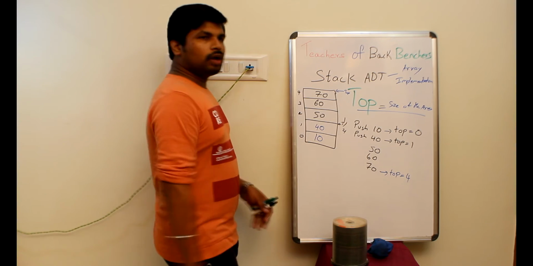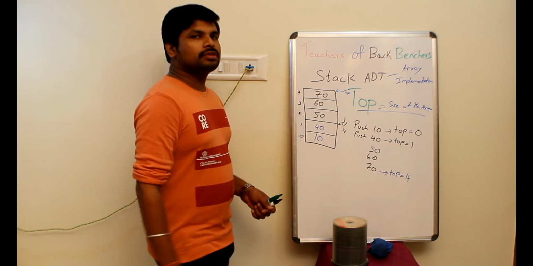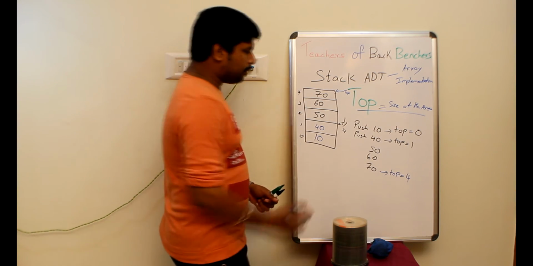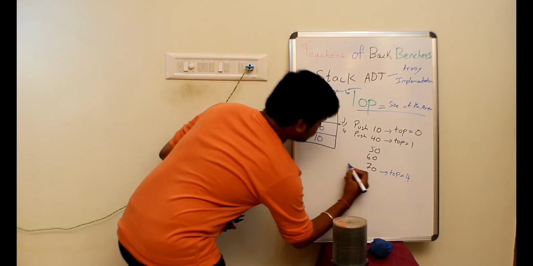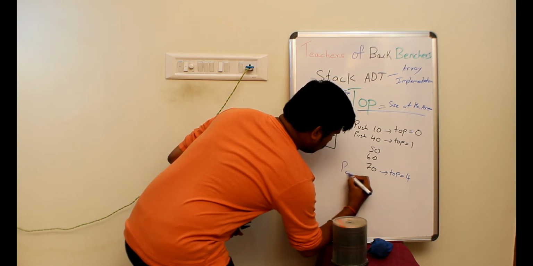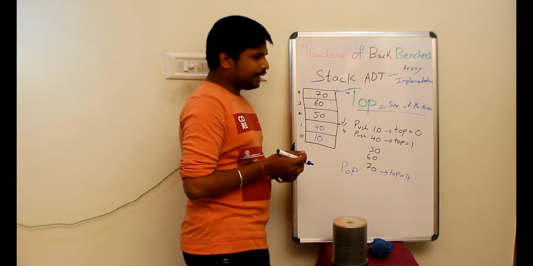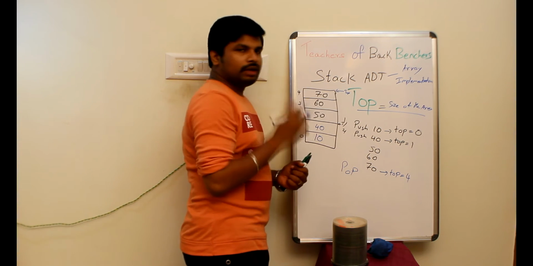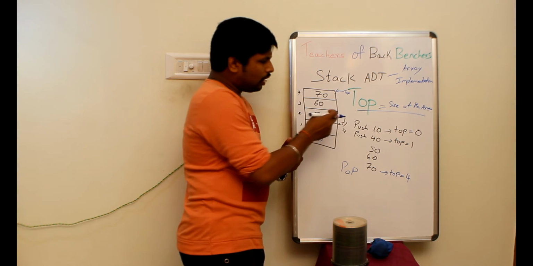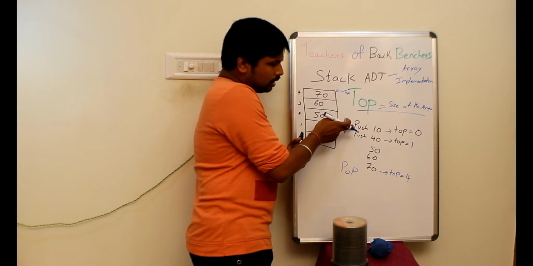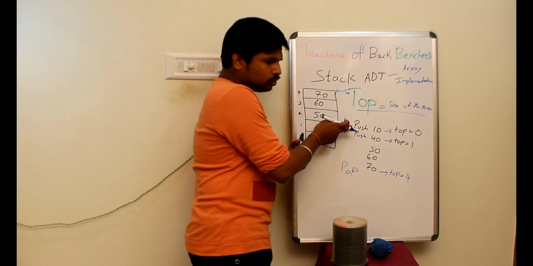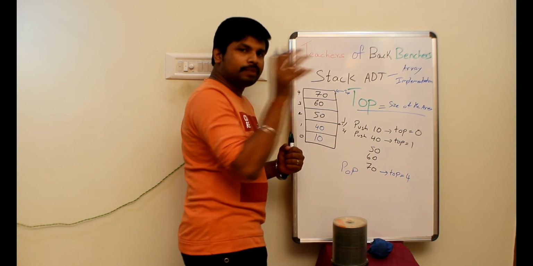Now we are going to delete all the elements. The delete process is done by the pop operation. So we are popping an element. The pop operation indicates that the topmost element will be removed first. With push, we instruct the operation and specify the element which has to be inserted.